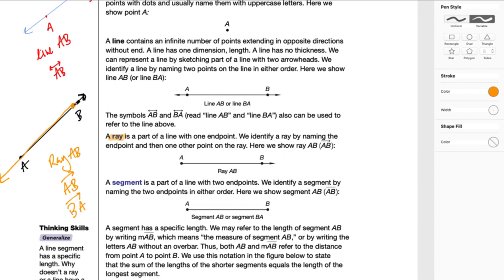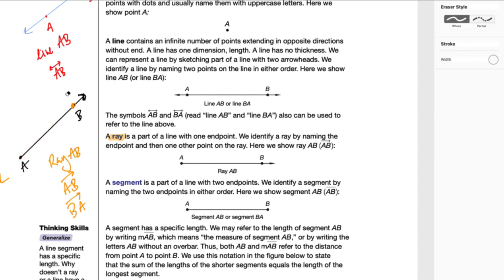BA has its start point at this endpoint B, and it goes in the other direction of A. But AB is the black one that I had there. Does that make sense? Hopefully it does. So you have to be careful when you are naming your rays, okay? So this ray is only called ray AB, written that way or that way.